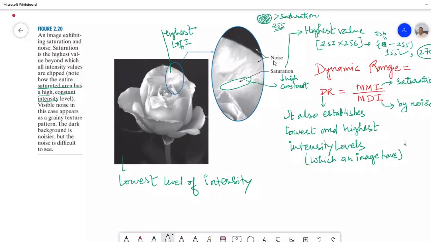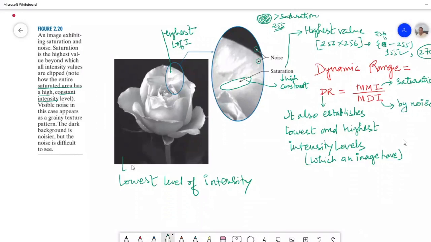First of all, whether you talk about an image or any system, you have to see where noise affects the most. Here the noise has affected this part, so we are unable to detect this one. Even so, we are detecting some value of intensity from here. That's why we say MDI is calculated with the help of noise.